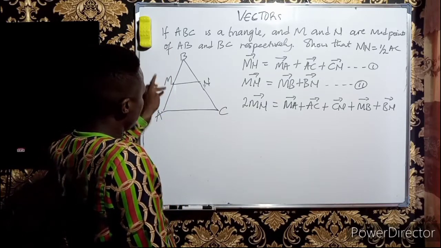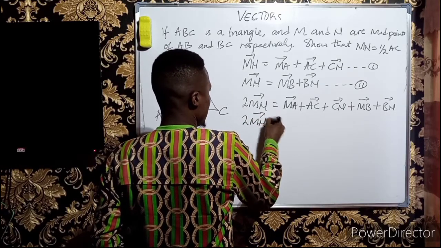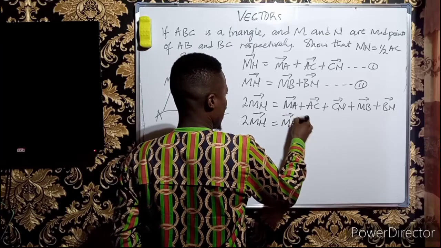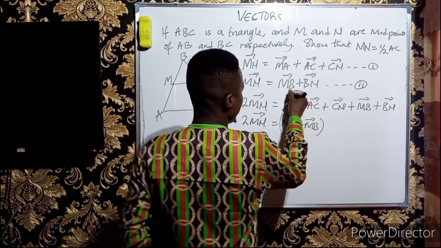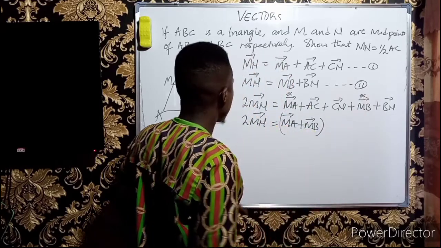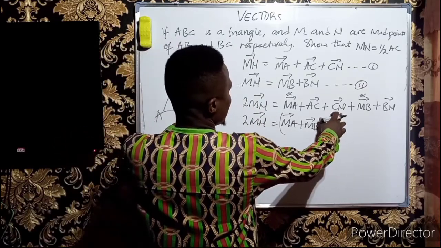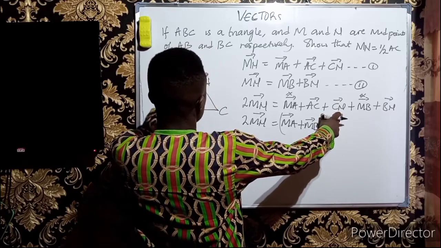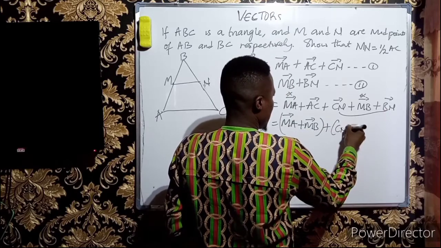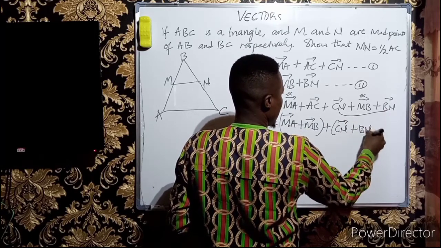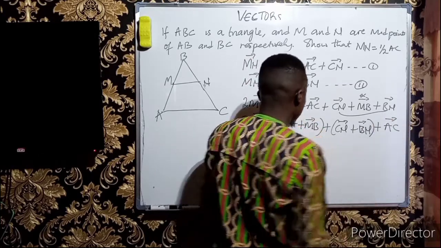MA and MB are on the same side, so let me join MA with MB. AC is alone. But the next thing I have here is CN. CN and BN are on the same side, so I can combine them. Then plus what is left, just AC.